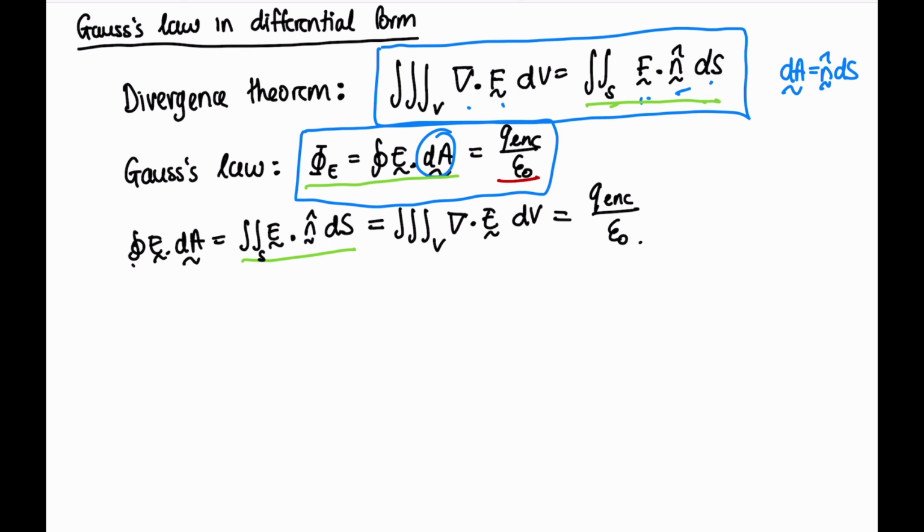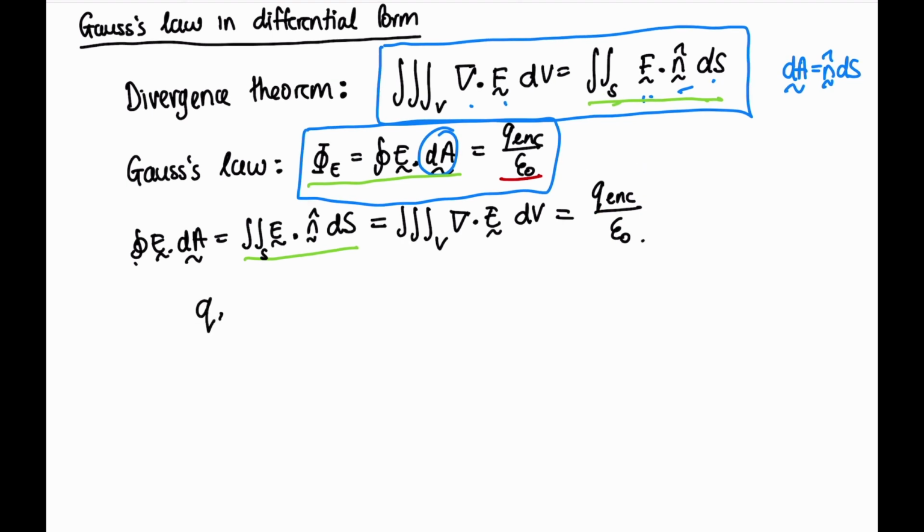Okay, so now we're going to have a little think about what Q enclosed actually means. So this is the total charge within a surface, and it's related to the charge density through the enclosed charge being equal to the volume integral of the charge density times dV. Now, just a note, I'm using dV here for the volume integral.